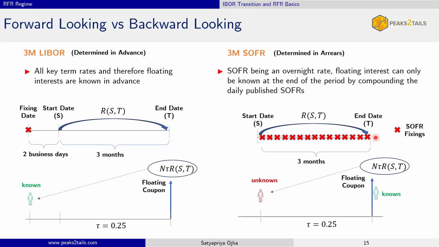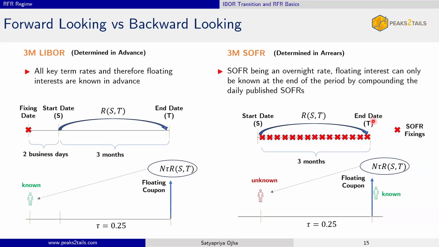You can estimate, but it is subject to fluctuation. As and when you progress through time, some of these daily rates will be fixed because they have already happened. You cannot change it, right? So that is where we're leading into complications. But for now, understand that there is no way of knowing the floating rate payment in advance.